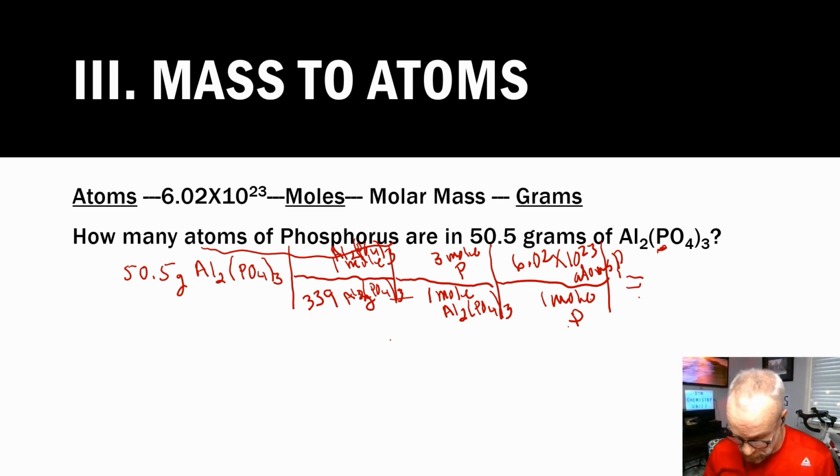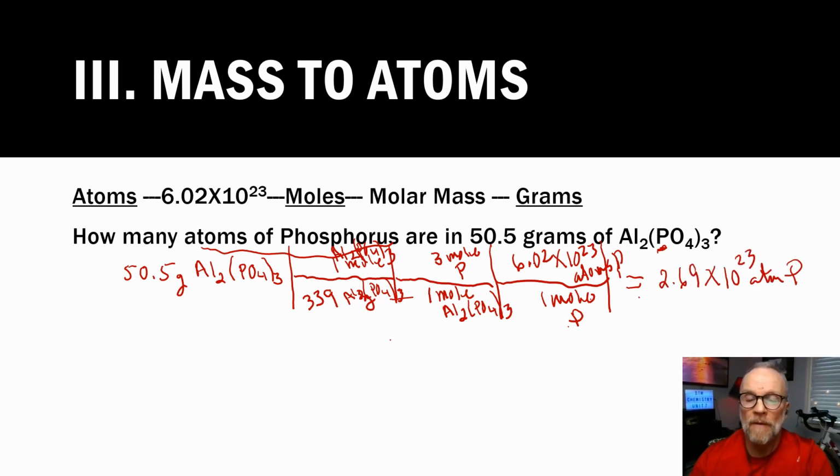When you do that on your calculator, be sure to put parentheses around the top fraction and the bottom fraction so you don't get the order of operations messed up and maybe get a wrong answer. Okay, so we get 2.69 times 10 to the 23rd. Okay, very good. So that's a little bit of a wrinkle.